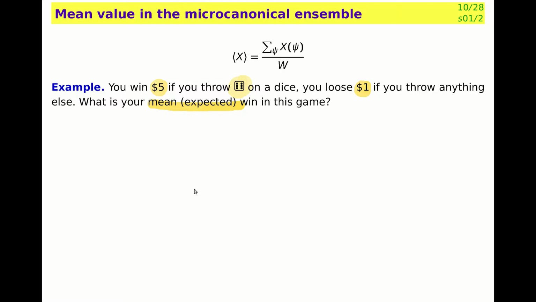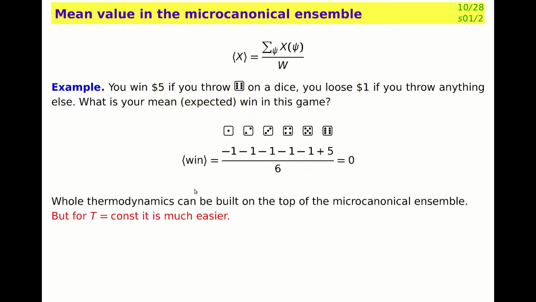So if you play this game for a very long time with a fair dice, what will be your average win per one game? It's quite easy. I have 5 possibilities that I will lose, so I will sum up what I lose. But one possibility that I win. And I divide it by the number of states, which is 6 now. And this is 0. So this game is fair.